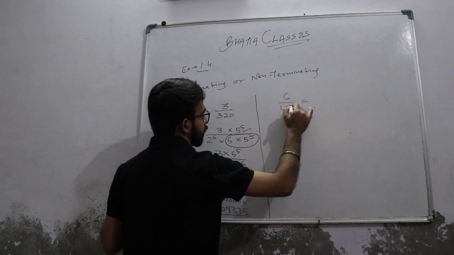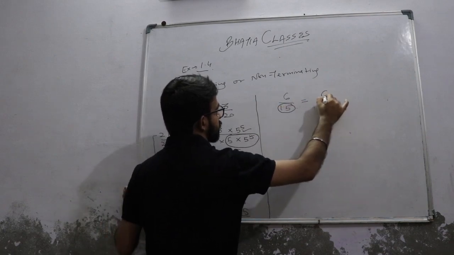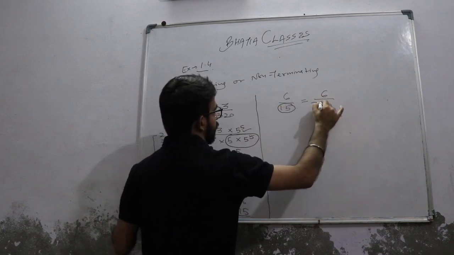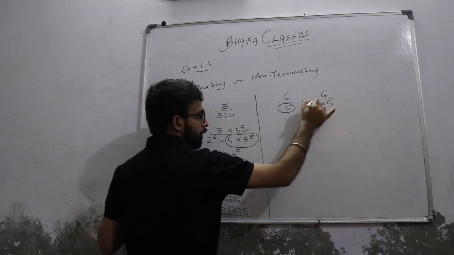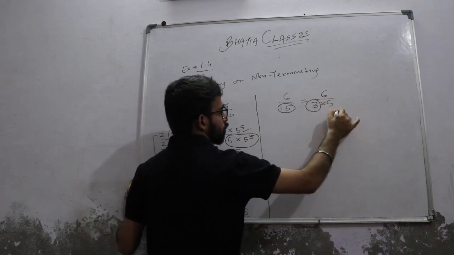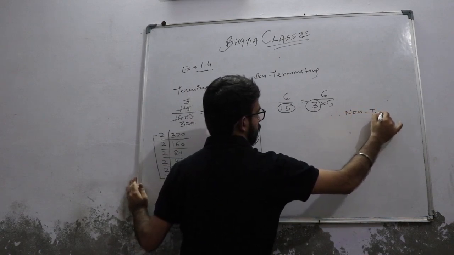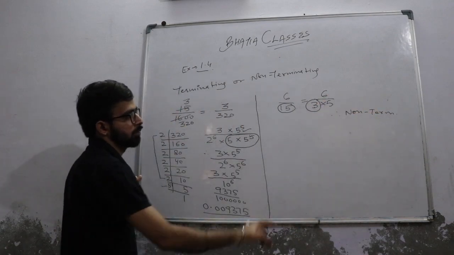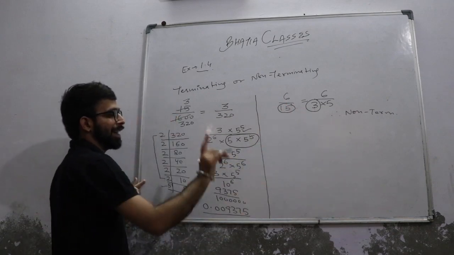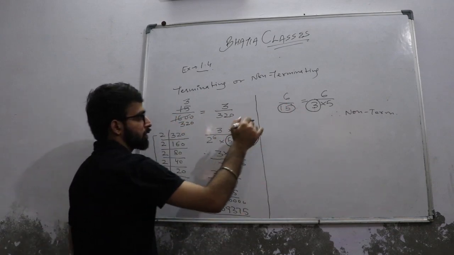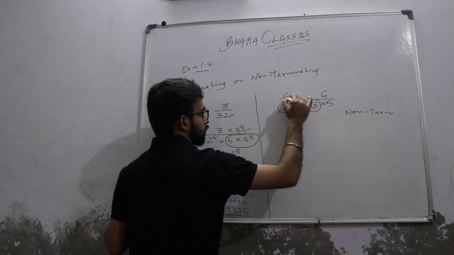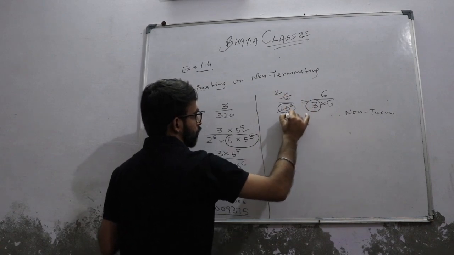Now see this sum: 6 by 15. Clearly you can see 6 divided by 3 multiplied by 5. Here is 3, so most of the students write this number as non-terminating. But this number is terminating. As I have told you, in this sum firstly cut these numbers. 3 into 2, 3 into 5.